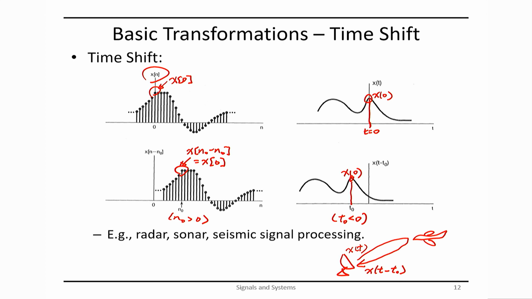Now here we learned that if you're looking at a signal of x of t minus t naught, then the signal will be shifted to the right if t naught is positive and to the left if t naught is negative. So we want to write that signal in this form here in order to identify how to shift the signal.